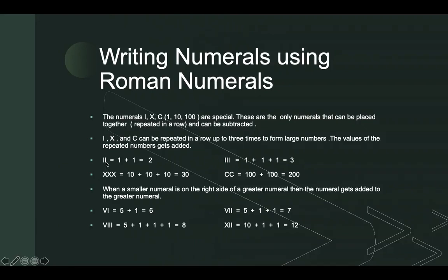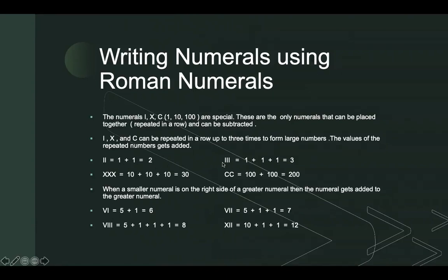So children, how do we find the value of this Roman numeral? Let me tell you. This is I, and as you already know, the value of I is 1. I is written 2 times here, so we add 1 plus 1 and we get 2. So the value of this Roman numeral is 2.